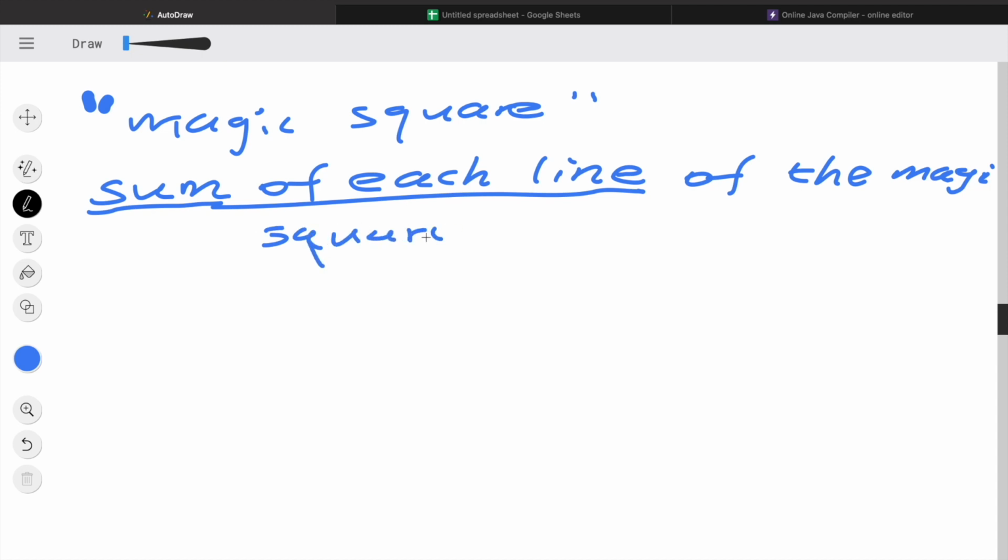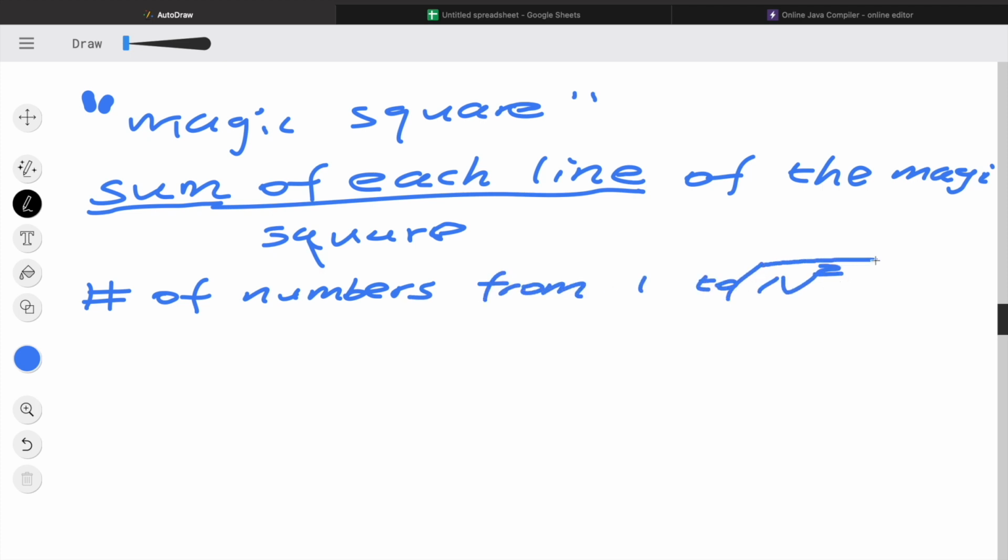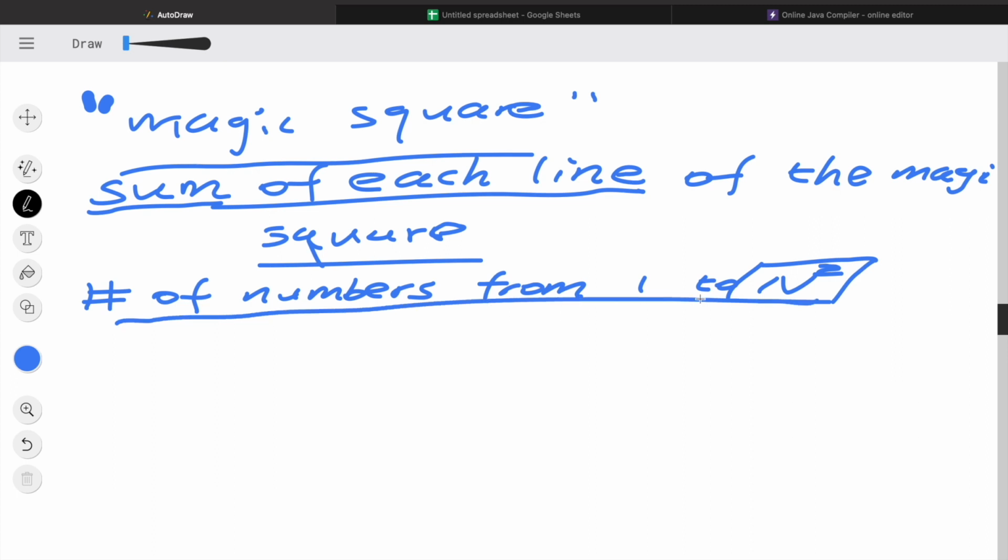I'm going to give you the formula. The formula is the sum of numbers from 1 to n squared, where n squared is the number of cells in the magic square, divided by n.